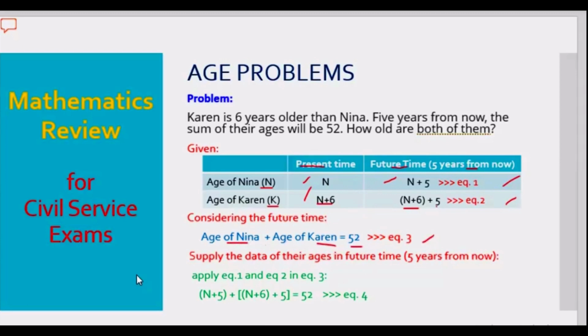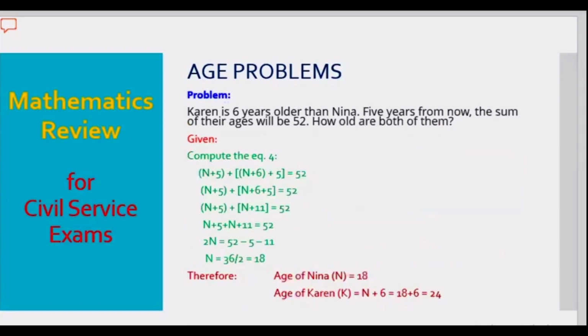So we will supply the data from equations 1 and 2, and apply it to equation number 3. So from equation 1, N plus 5, plus the age of Karen 5 years from now, which is N plus 6 plus 5, is equal to 52. So this is now our equation number 4. Okay.